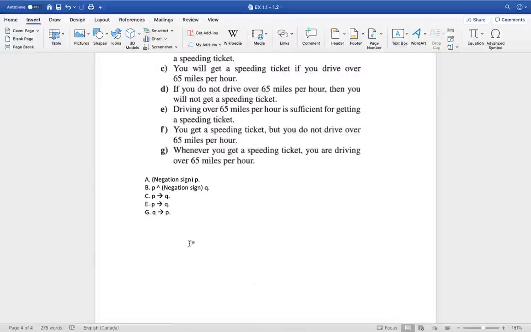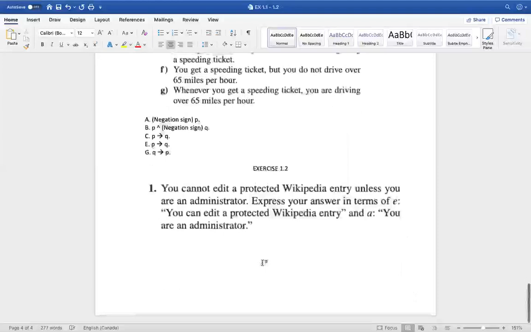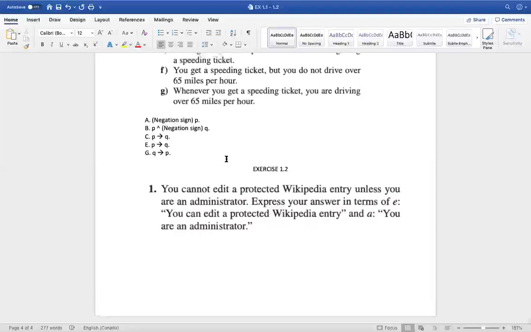So make sure to check them out as well, and you can absolutely try on your own, which is absolutely perfect. So now let's move forward to exercise 1.2. Let's take the first example from exercise 1.2. Can everyone see my screen? Yes. Okay.